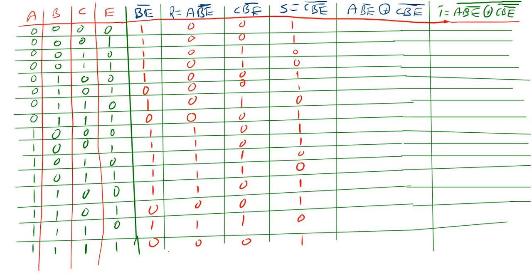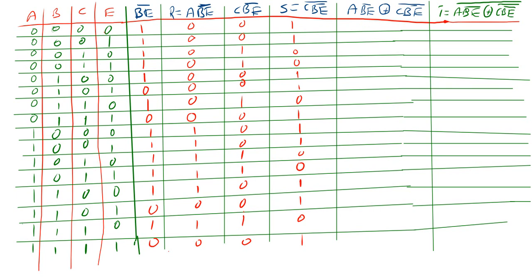So if we find somewhere where one of the two expressions is 0 and the other one is 1, in that case we shall get a 1. But where we have 0, 0 or 1, 1, we shall get a 0. So for example, if we have R as 0 and S as 1, we get 1. But at the point where we have R being 1 and 1 for S, we get 0. Or where we have 0, 0, we'll get 0.